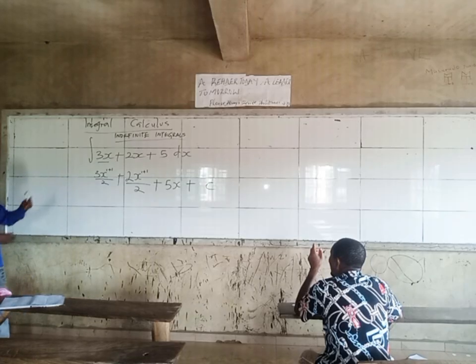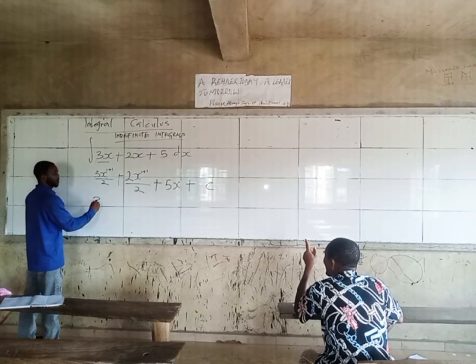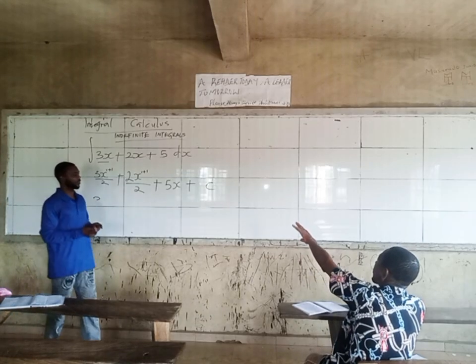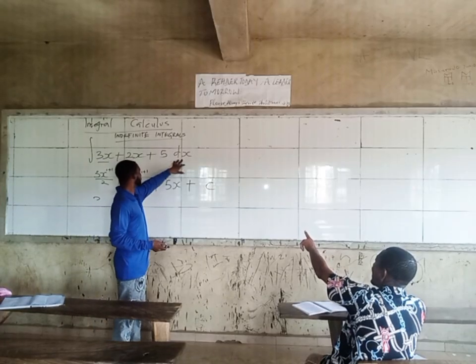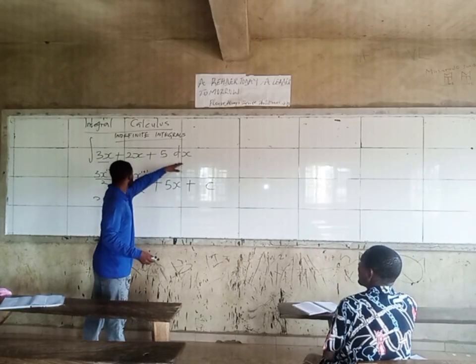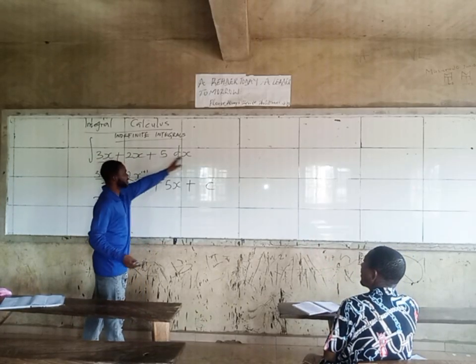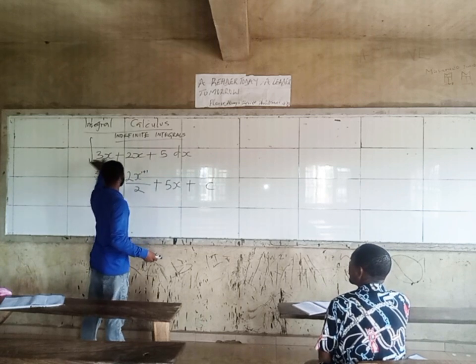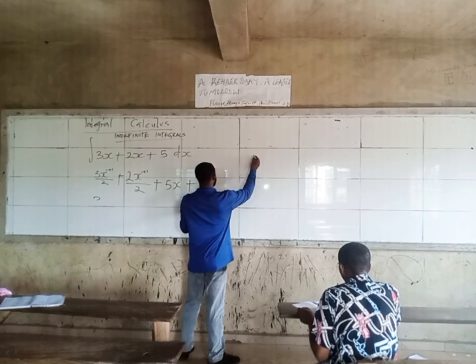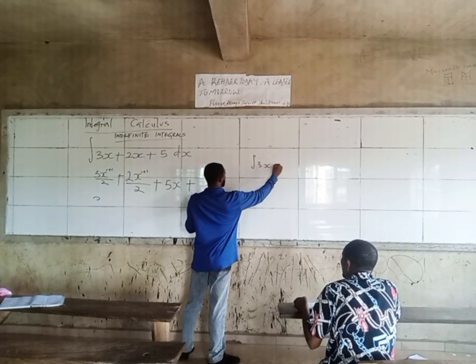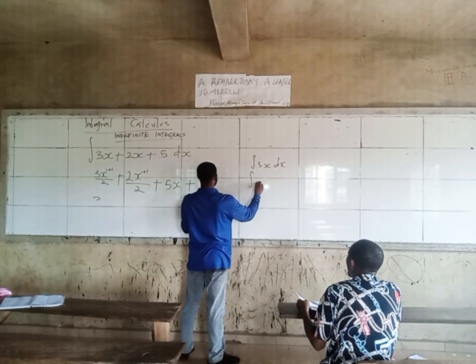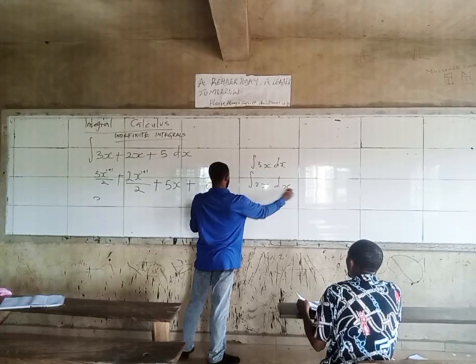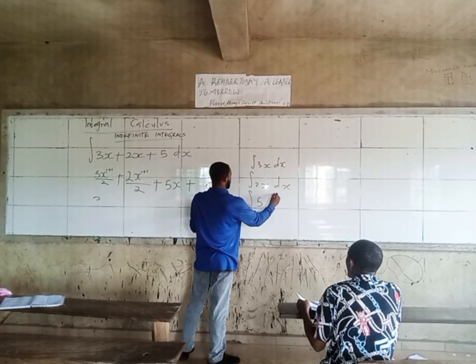If you write it this way, the dx means you are integrating everything here with respect to x. This is the same as saying integrate 3x with respect to x, integrate 2x with respect to x, integrate 5 with respect to x.